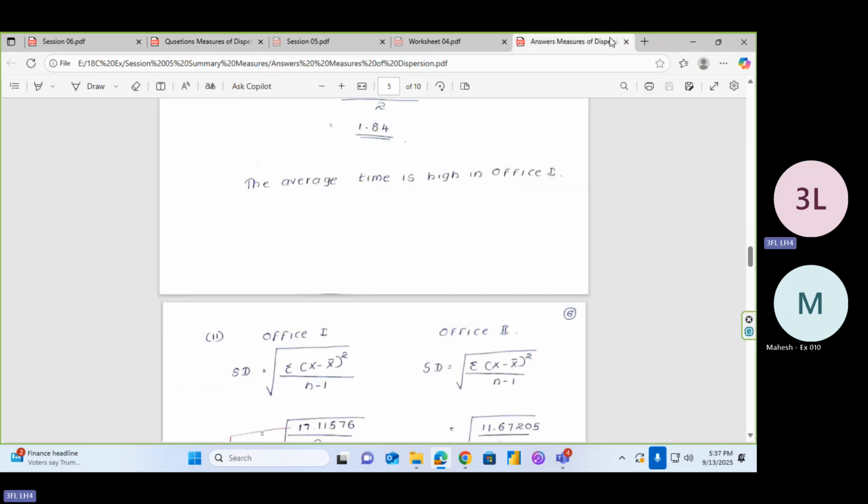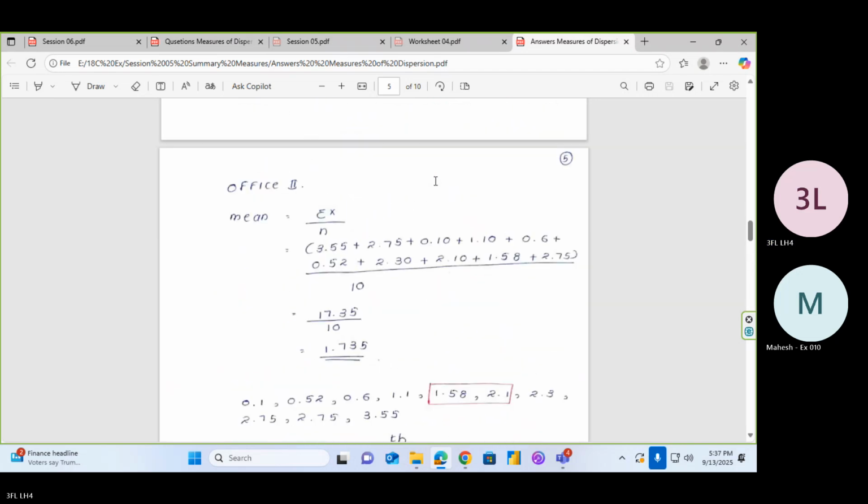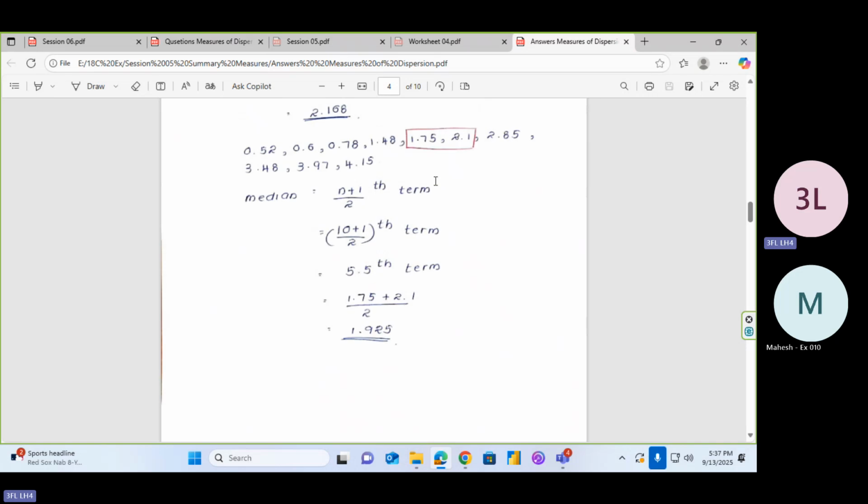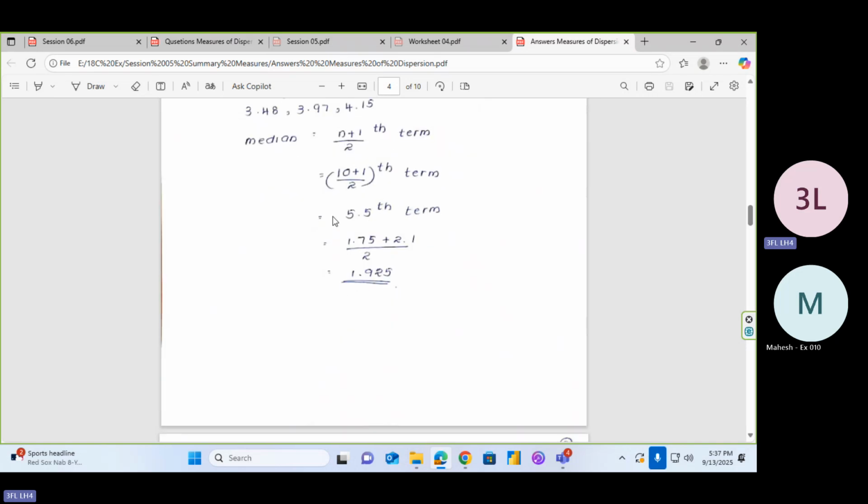Median value. Which office? Both. Office 1 median value 1.925. Okay. Did you arrange the data set in ascending order first? Then we need to find the 5.5th term. Here the fifth term is 1.75. Okay. The sixth term is 2.1.